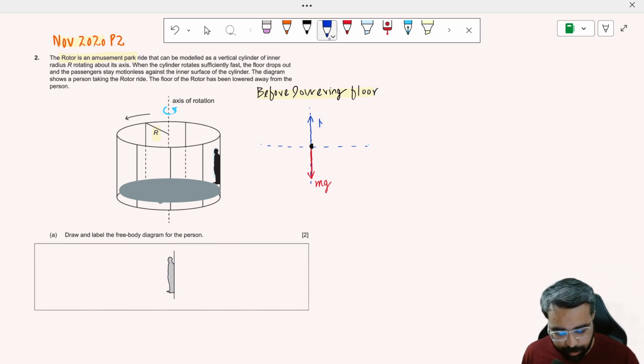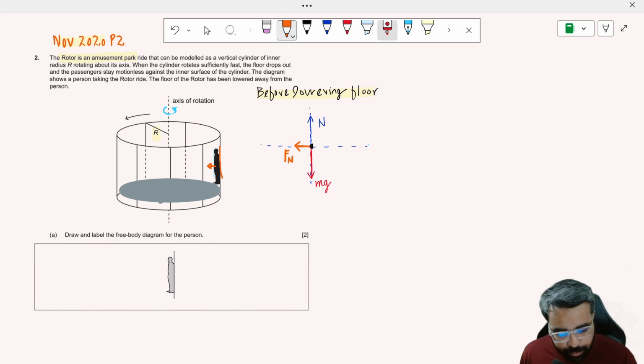You can also write it by letter N. The third force is a small force, that is actually the normal force exerted from the inner cylinder. So let's say this is our normal force exerted from the inner cylinder that is pushing towards the center, but that is a small force.